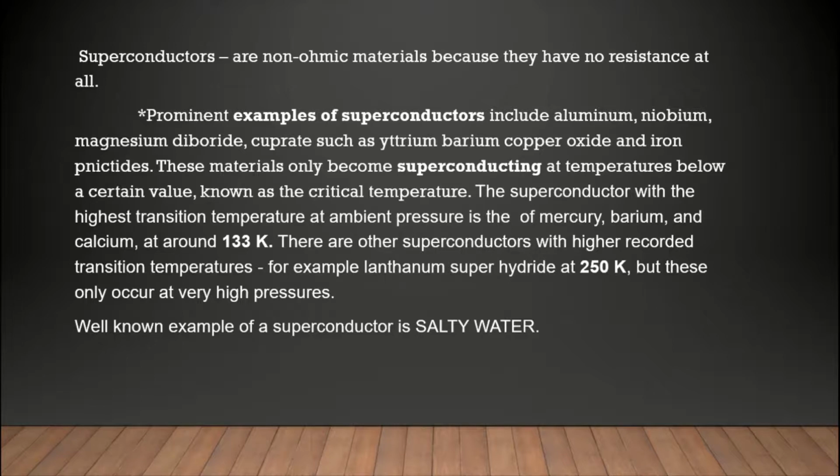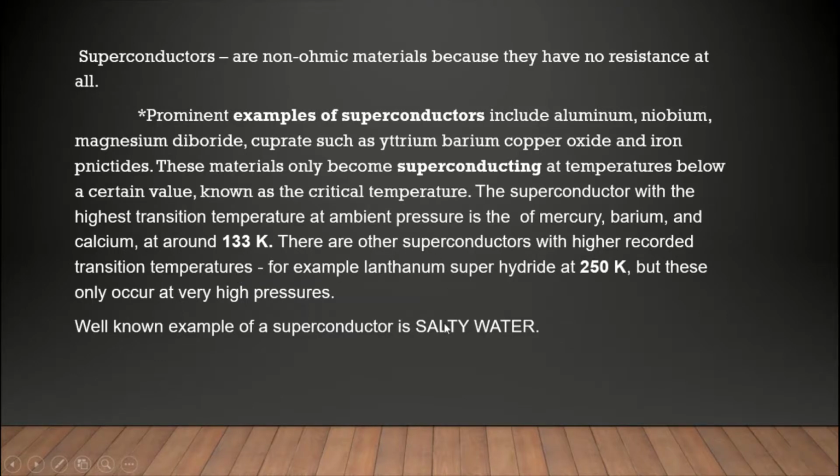These materials only become superconducting at temperatures below a certain value known as the critical temperature. The superconductor with the highest transition temperature at ambient pressure is the cuprates of mercury, barium, and calcium at around 133 Kelvin.